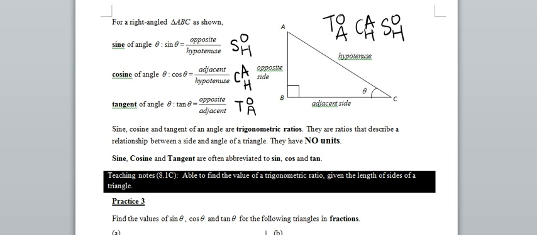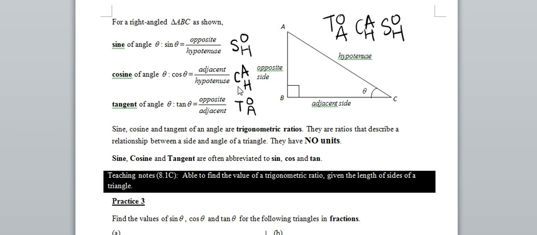Now, let us recall what we have learned in the previous lesson. In the previous part of the chapter, we have learned that for the trigo ratio, sine of an angle theta, sine theta, is given by taking the opposite over the hypotenuse. That's why we have SO over H. And the cosine of an angle, cos theta, is given by taking the adjacent over the hypotenuse.